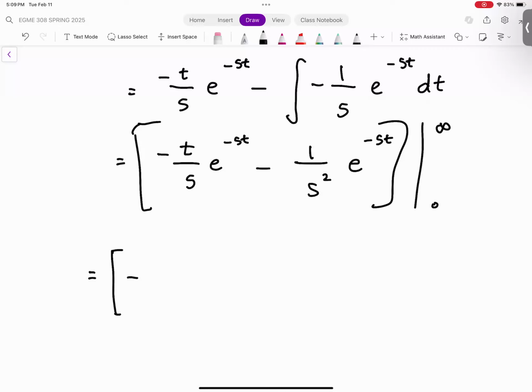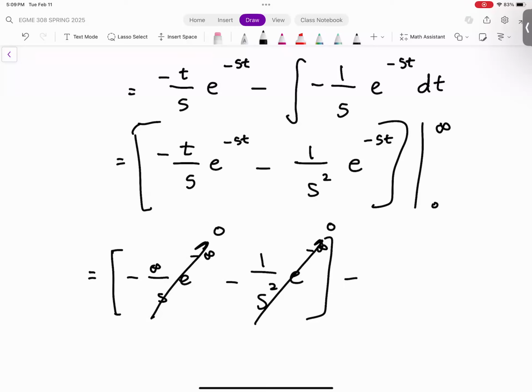We have minus infinity over s, e to the minus infinity, minus 1 over s squared, e to the minus infinity. On both terms here, we have an exponential to minus infinity, so that is going to approach 0. I know on the first term there we have an infinity over s, but an exponential term is going to approach 0 faster than the infinity is going to reach infinity. So both of these terms we can assume are 0.